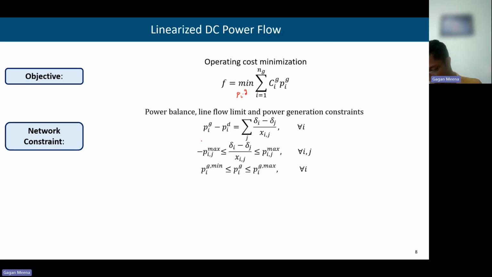The power generation constraint says that the generation has to be between the minimum and maximum limit. And the line flow limit also has to be between minimum and maximum limit.